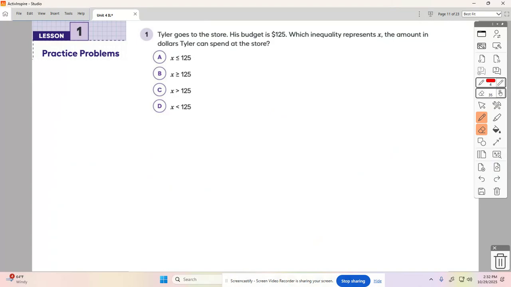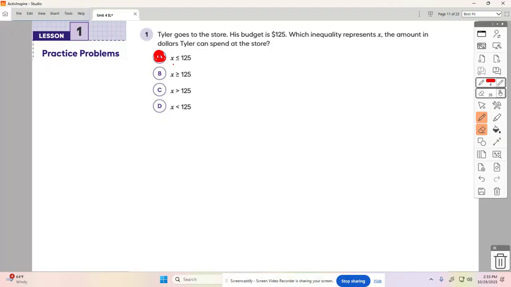Think about it and raise your hand if you think you know the answer. It has to be less than or equal to 125, so A? A is correct. You're so smart. Guys, I don't need all of your extra comments. Just stop it. So A is correct. His amount of money spent has to be less than or equal to 125.